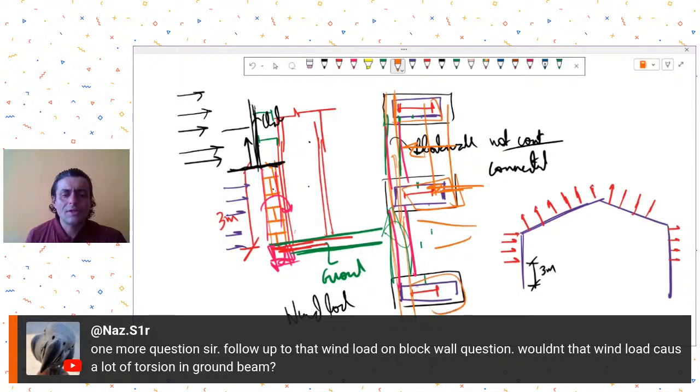So if you consider the effect of ground slabs, then you can consider them to be providing effective restraint to the ground beam as well as pedestals. So it's not a big issue that way. But your point is valid that if not for the ground slab, there might be substantial torsion that you may see in these ground beams.